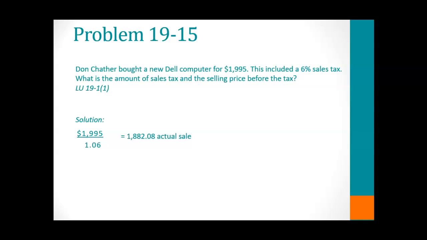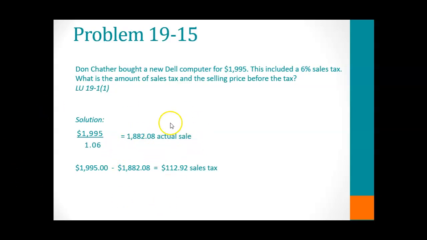Let me grab my calculator. Hold on for a second. Take 1882.08 times 0.06. The actual amount of sales tax would be $112.92. You can do it two different ways. Take the total amount minus the amount of the actual sale to get the sales tax, or take the actual sales times 0.06 to get the amount of the sales tax.